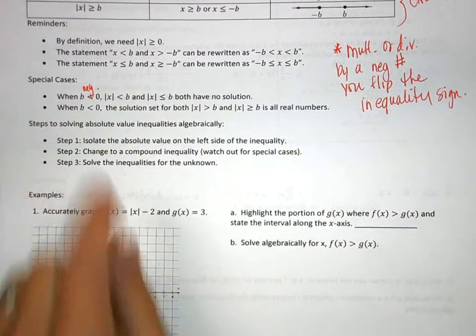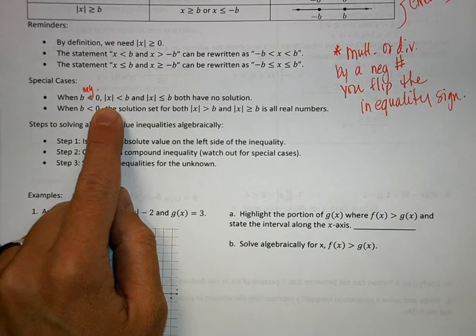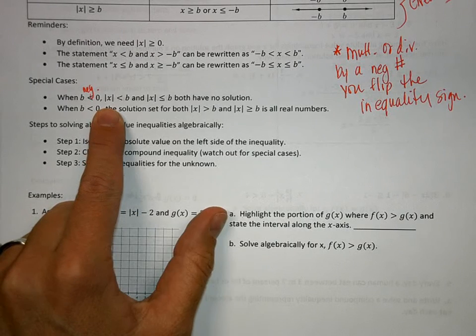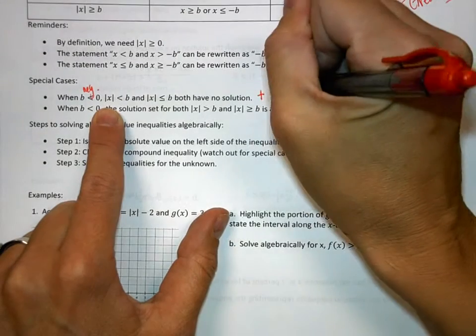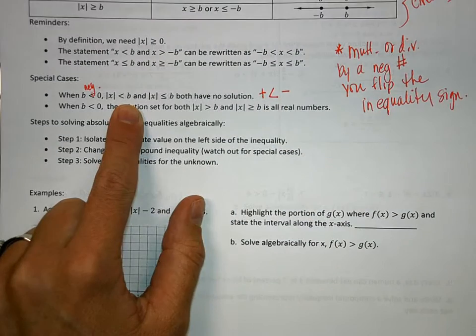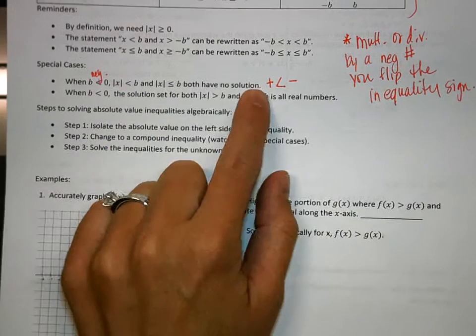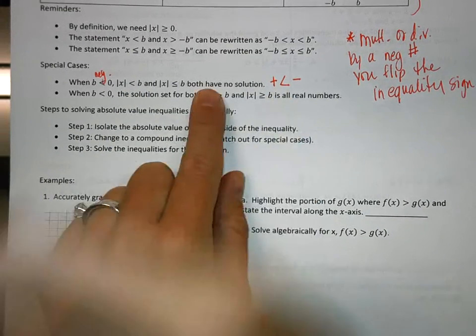The way I think about this is, if I take the absolute value of something, the absolute value will always give me what type of number? Positive. So is a positive number less than a negative number? Is that true or false? False. A positive is not ever going to be less than a negative, and therefore it is no solution.